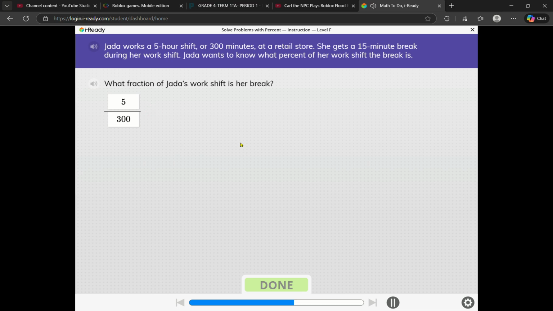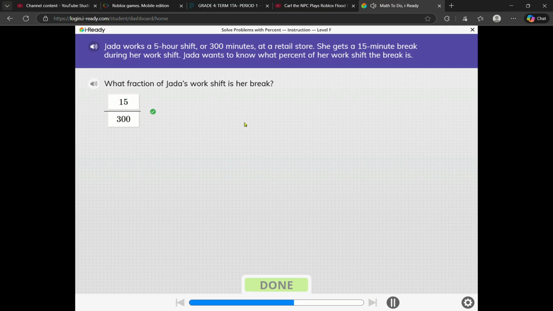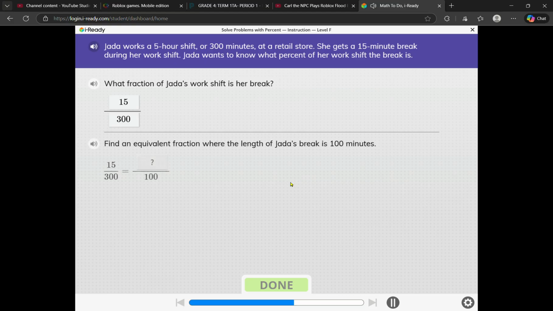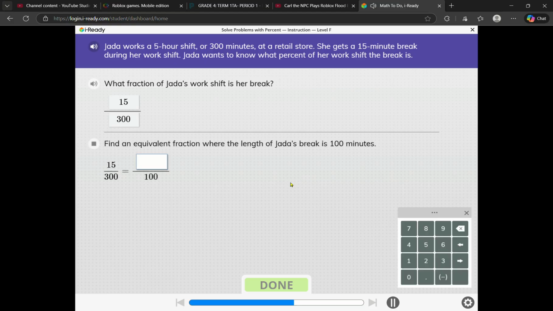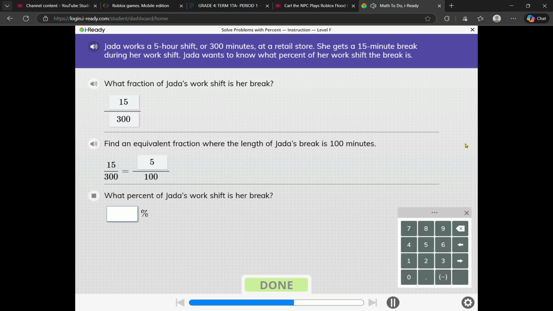The numerator represents the part, and the denominator represents the whole. That's it. Find an equivalent fraction where the length of Jada's break is 100 minutes. What percent of Jada's work shift is her break?